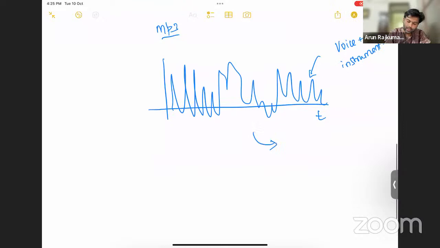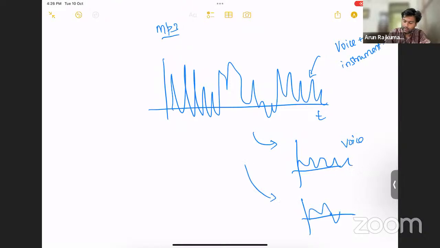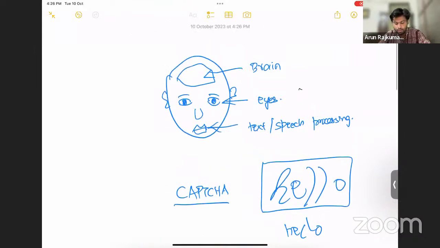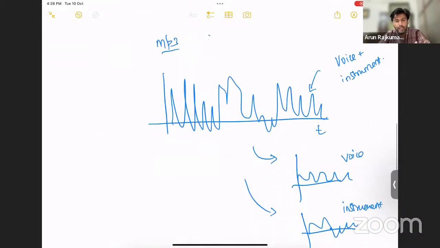This signal can be broken down into a voice signal plus an instrument signal. Even in the instrument, there may be multiple instruments. For example, this can be a guitar, this can be percussion, this can be flute, whatever it is. So we might want to extract these separate things out from a single signal itself. Now this is a hard problem even for human beings, right?